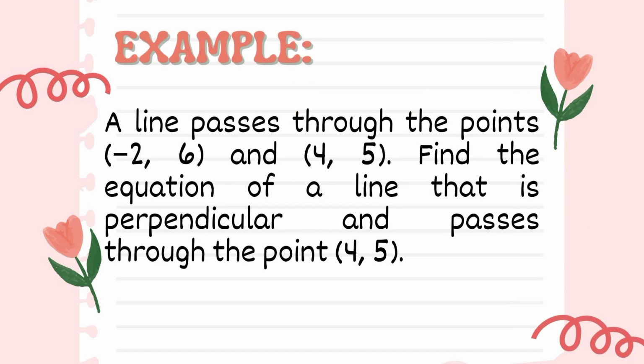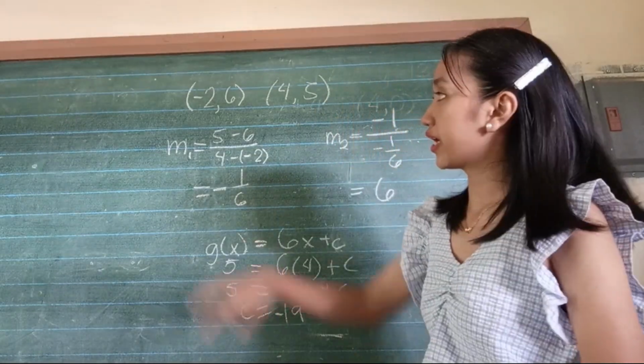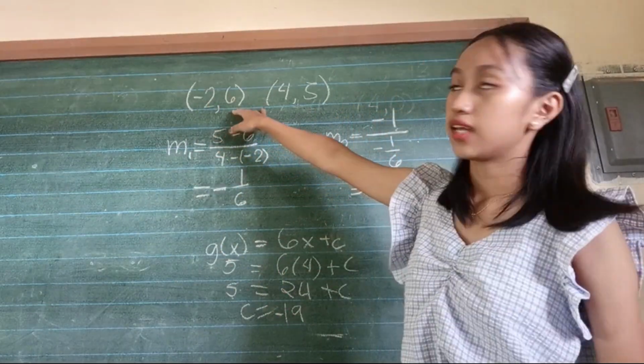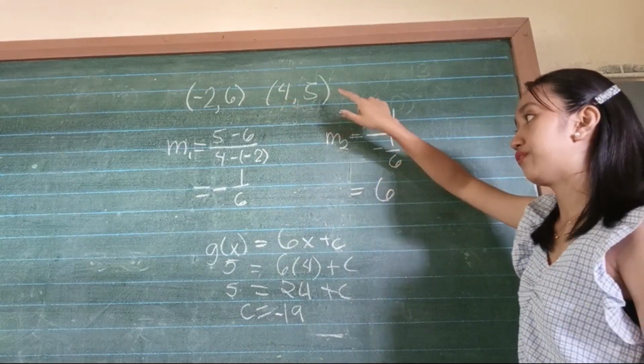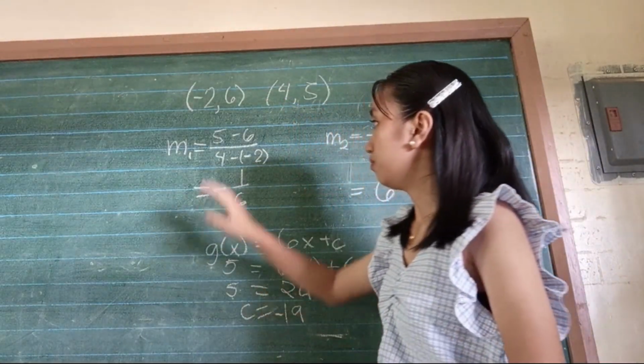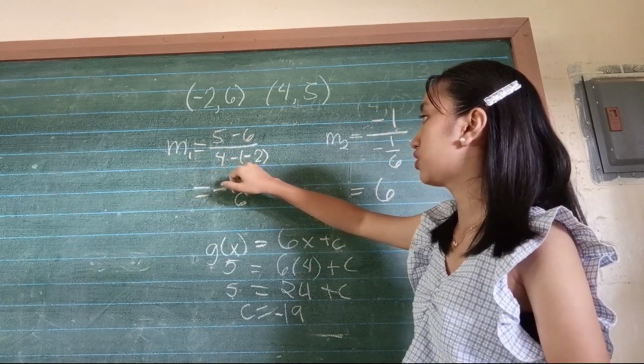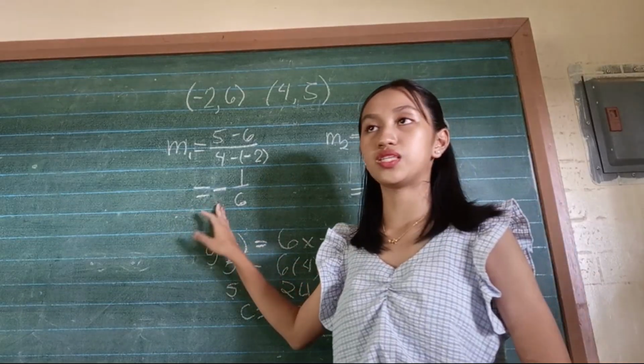Now I have here another example, but the given are only 2 points. So the given are points negative 2 and 6 and 4 and 5. So first we have to find the slope. 5 minus 6 over 4 minus negative 2, we have negative 1/6.